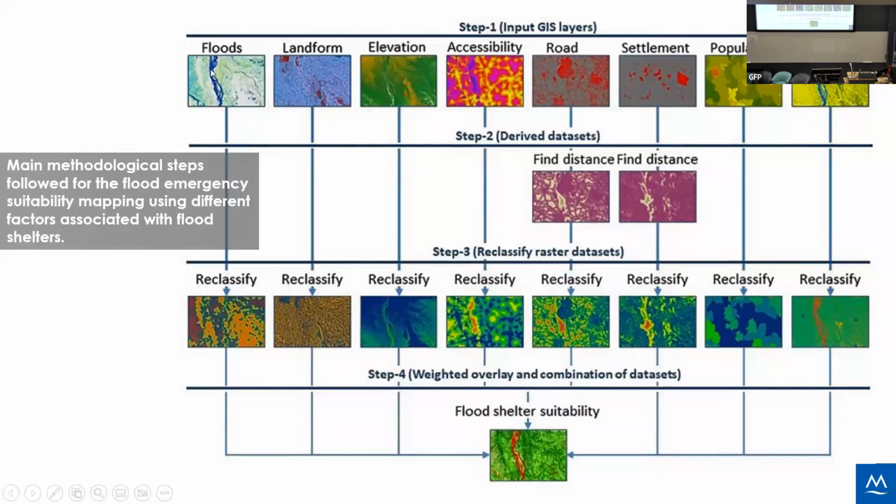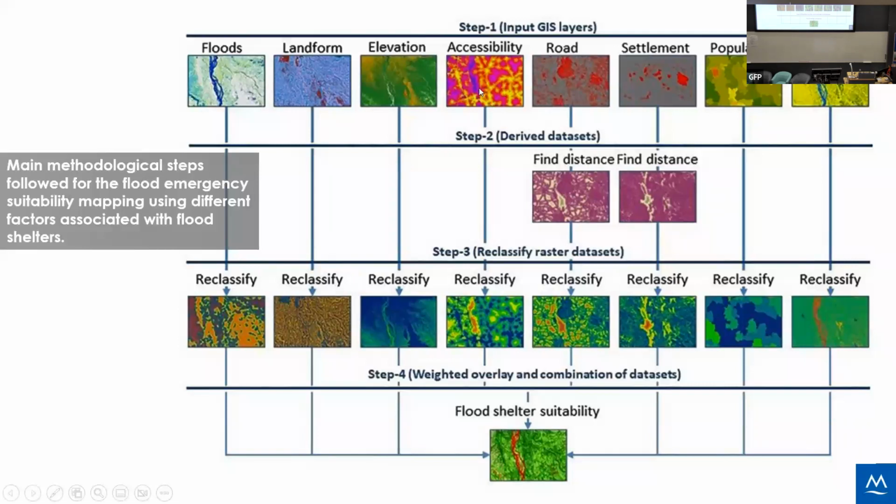Across each and every month and also different years, we try to see the most flooded areas. Then we look at the landform, because not all landforms flood. Some areas flood, some do not. Elevation also matters: areas with slightly higher elevation are not flooded.